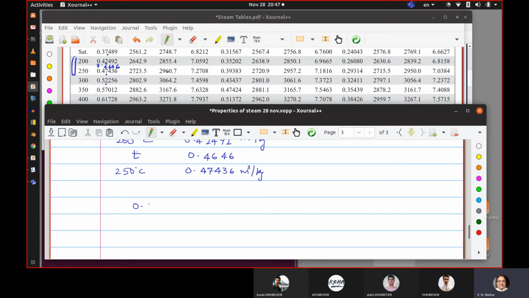So the value, which is 0.4646, should be equal to the initial value, that is value of volume at 200 degrees centigrade, which is 0.42492, plus the difference in the values, 0.47436 minus 0.42492, and this difference is over a temperature range of 50 degrees centigrade, 250 minus 200, multiplied by the temperature, which can be a number between 200 and 250, minus 200.